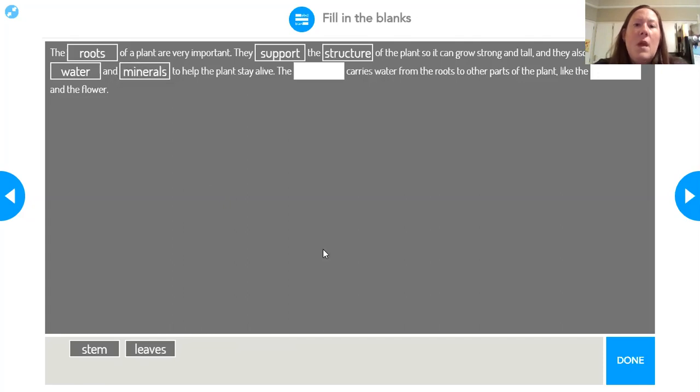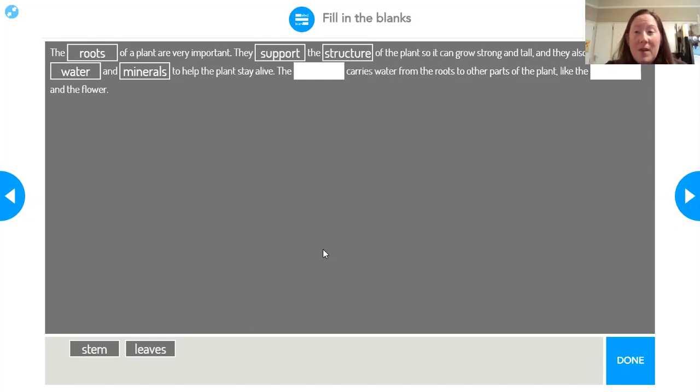There we go. The blank carries water from the roots to the other parts of the plant, like the blank and the flower. So what part do you think connects the roots to the flower? What's that in-between piece?